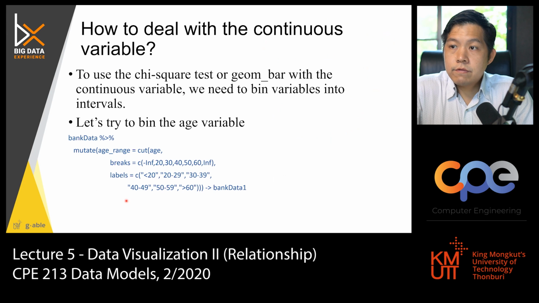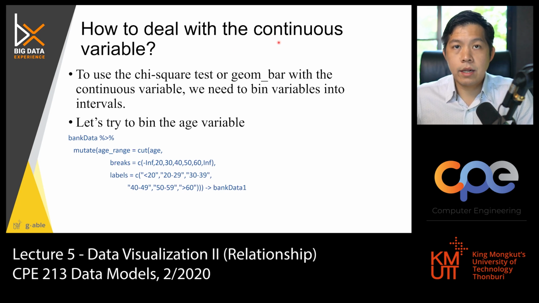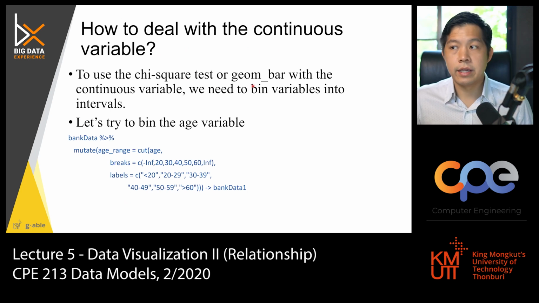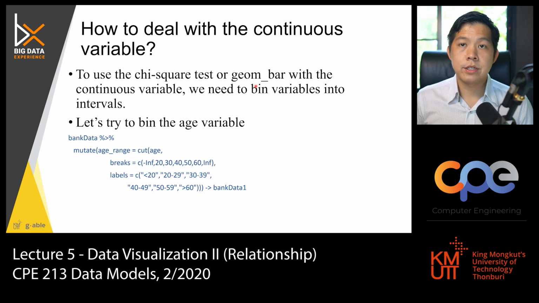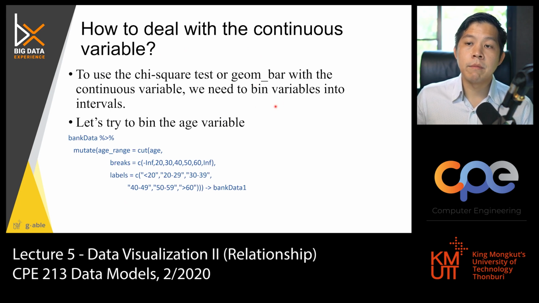Okay, so that is for the case of category and category. How about if one of the variables is not a categorical variable? What if it is a continuous variable? If it is numeric, what would you do? If you still want to use the chi-square test and geom_bar and the cross tabulation to analyze this, one way you can do is to bin the variable first.